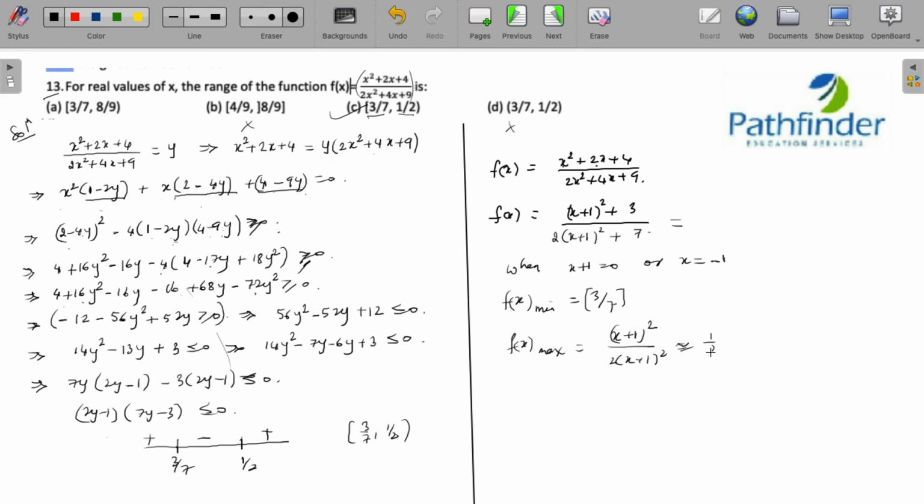It will approach 1 by 2, but it will never actually be equal to 1 by 2, because it approaches 1 by 2 only when we ignore 3 and 7 respectively. But can we actually ignore it? No. So 3 by 7 is the exact minimum value, and 1 by 2 is the maximum value that we are approaching in this particular function. We will never reach the value 1 by 2, which is your answer.